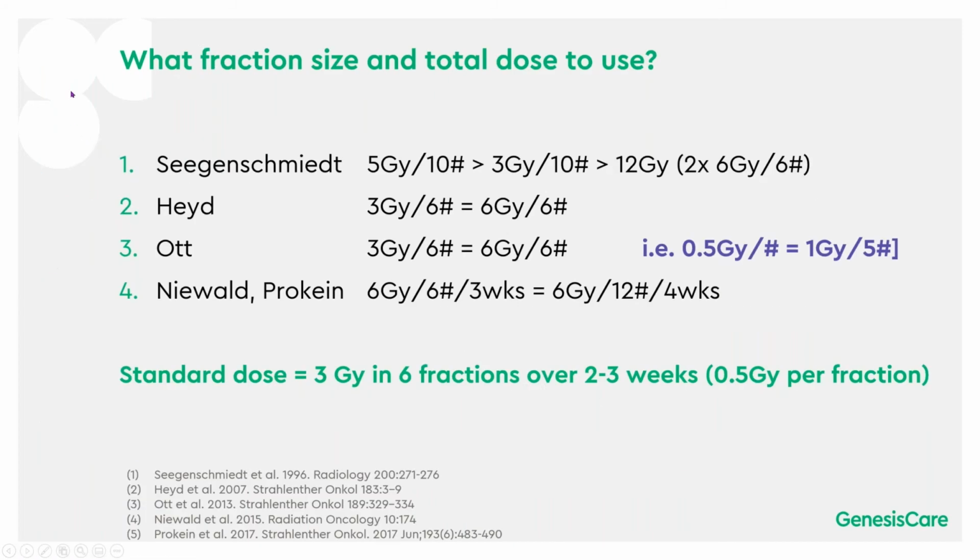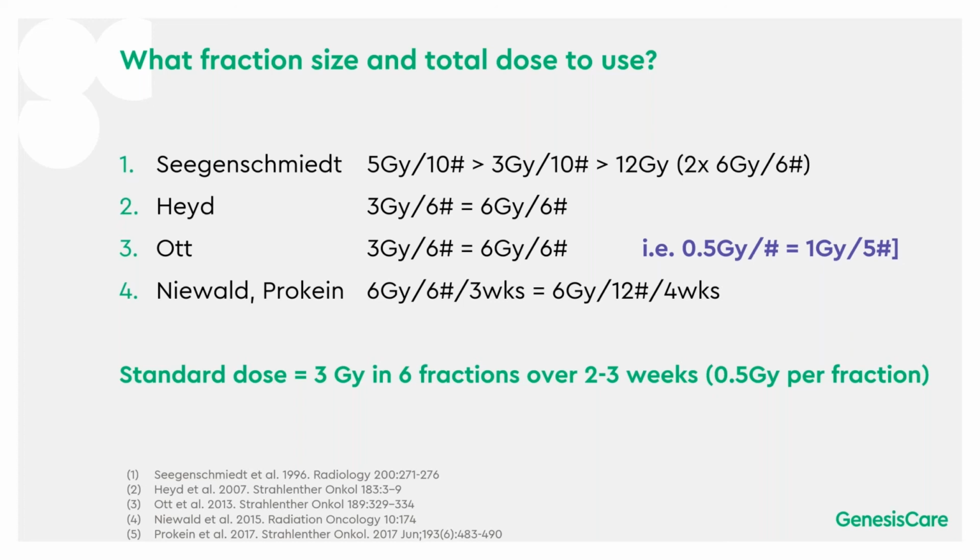So coming on to some of the details about radiotherapy, what fraction size and what total dose would you use? So there have been various trials looking at this. Sieg and Schmidt compared 5 gray and 10 fractions, which was better than 3 gray and 10 fractions, which was better than 2 times 6 gray and 6 fractions. So therefore 0.5 gray times 10 seemed to be the best regime that he used. Hayes looked at 3 gray and 6 fractions versus 6 gray and 6 fractions and found them to be equal.